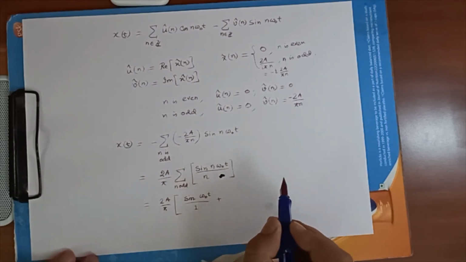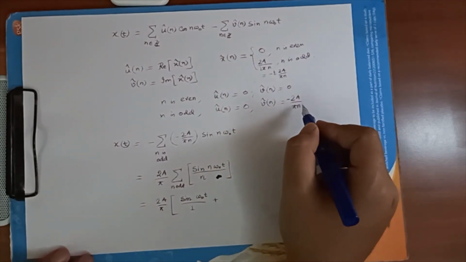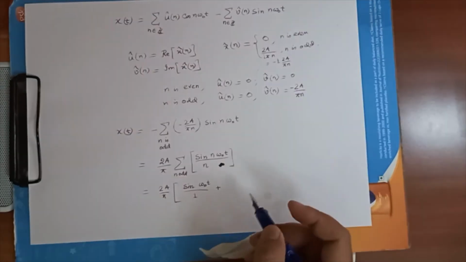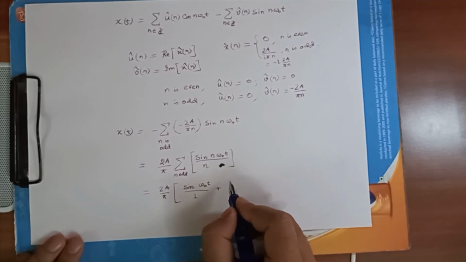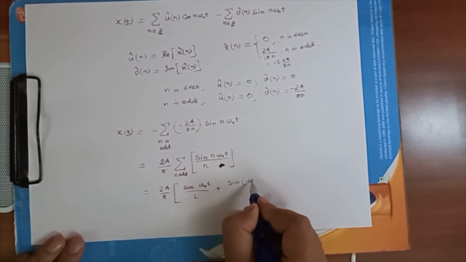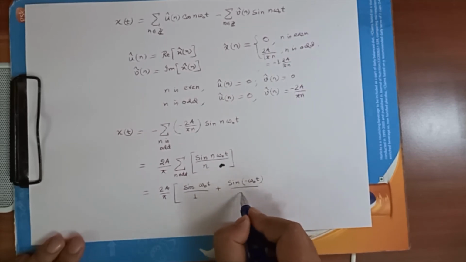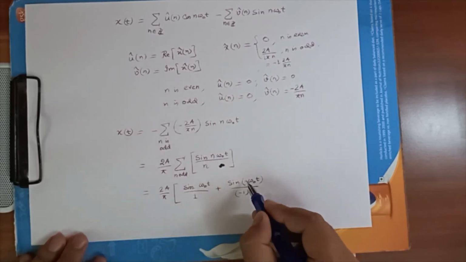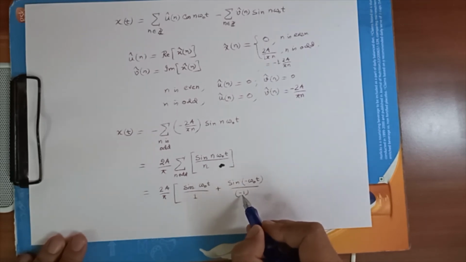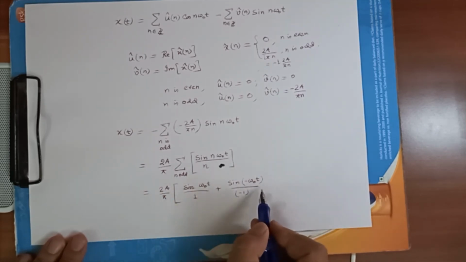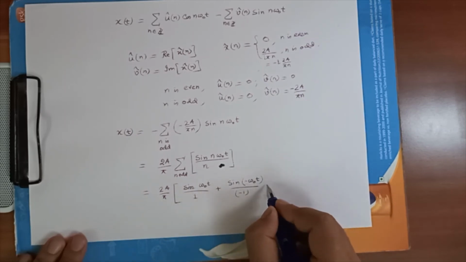For n positive and n negative, we can write my plus 1 and minus 1 after one another. So this will be sine minus omega 0 t by minus 1. Now this is interesting because sine minus omega 0 t is minus sine omega 0 t, and that minus 1 cancels out. So for every one of these terms you will get a factor of 2.